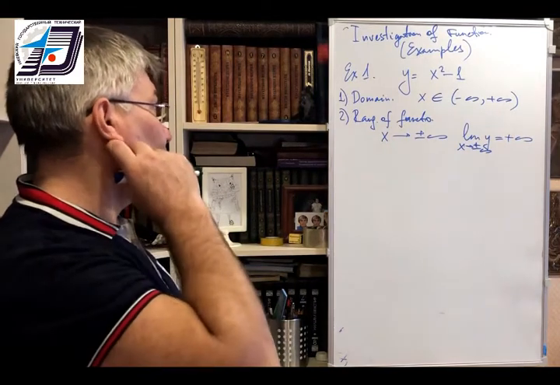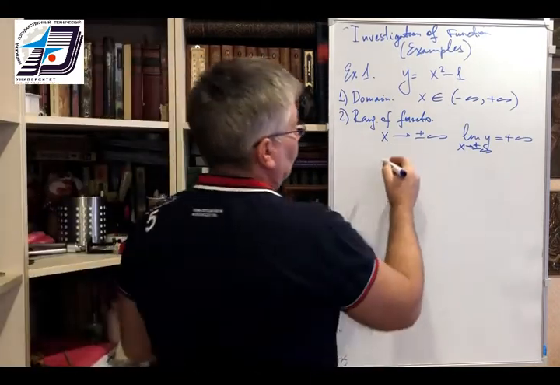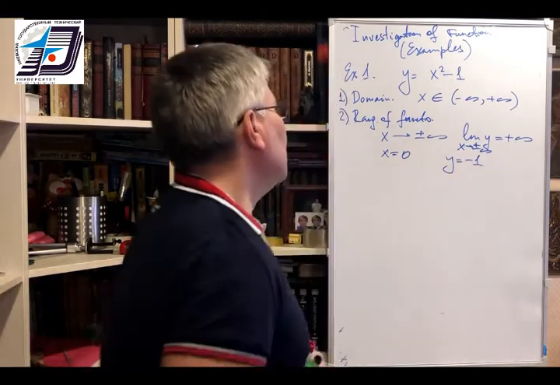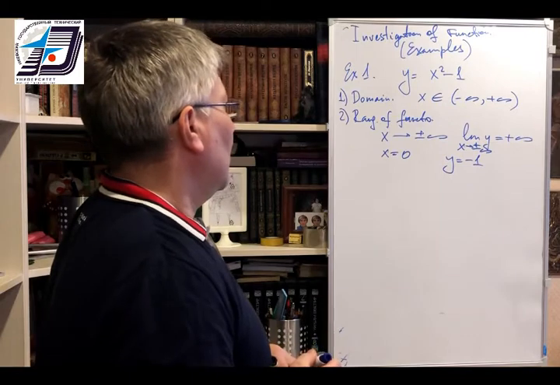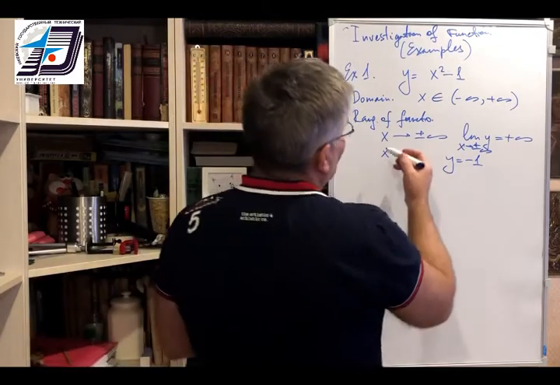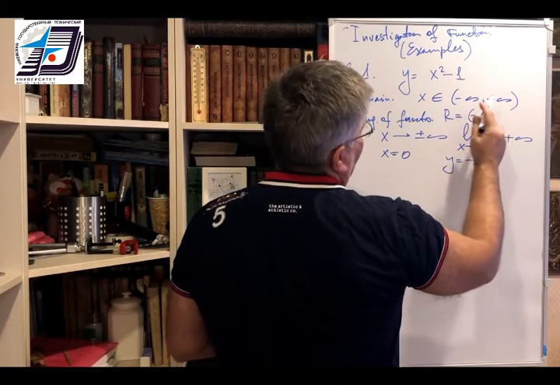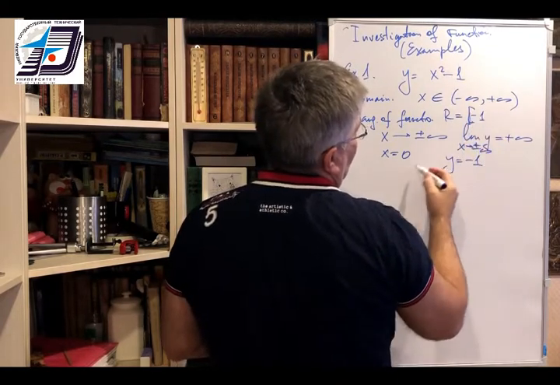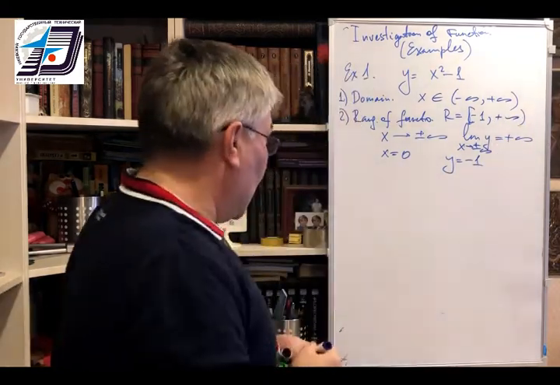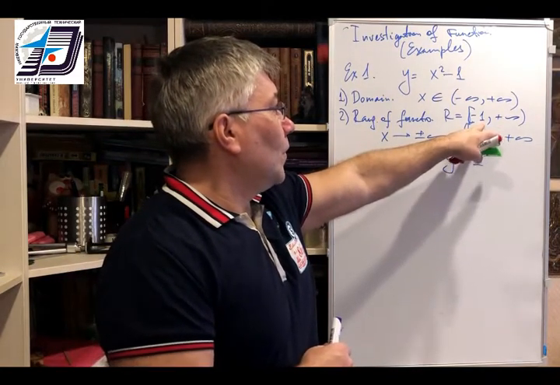For example, if x equals 0, y equals minus 1, and it's clear that y can't be less than minus 1. So it means that the range of the function is from minus 1, it can be minus 1 when x is 0, up to plus infinity. So it can be at least minus 1.